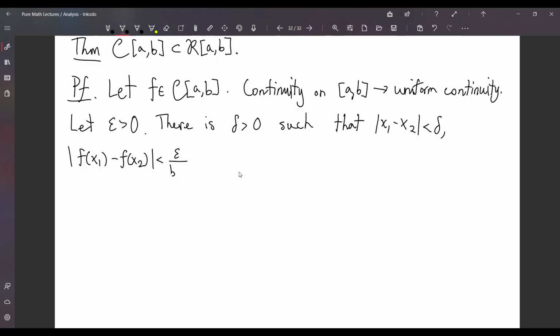We're going to choose epsilon over b minus a. Okay. And here, x1 and x2, I have to specify, are in the closed interval [a, b]. Okay. So now let P be a partition of mesh less than delta.